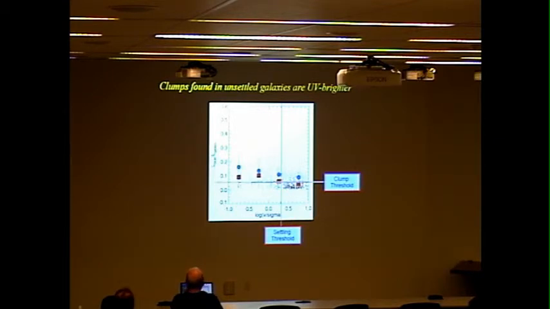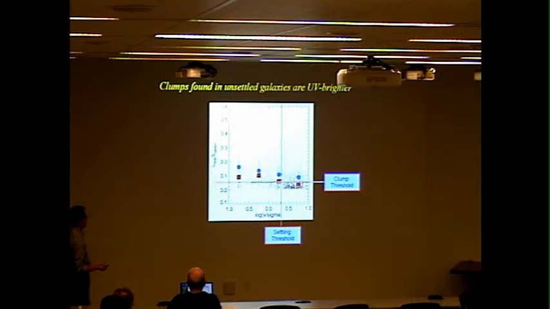So you can find that when you go from settled galaxies to unsettled galaxies, the blobs we find have more and more chance to be called clumps. That's what the red squares tell you. For settled galaxies, almost all the blobs, the discrete star forming regions, are just normal nearby H2 regions.